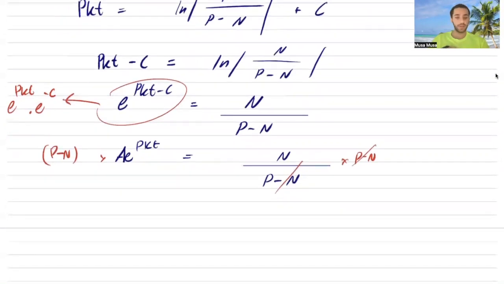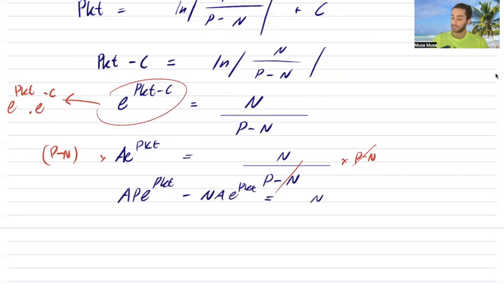And we're trying to get n as the subject, so we still got a bit of work to do. So we're going to have a p e to the pkt minus n a e to the pkt equals n.